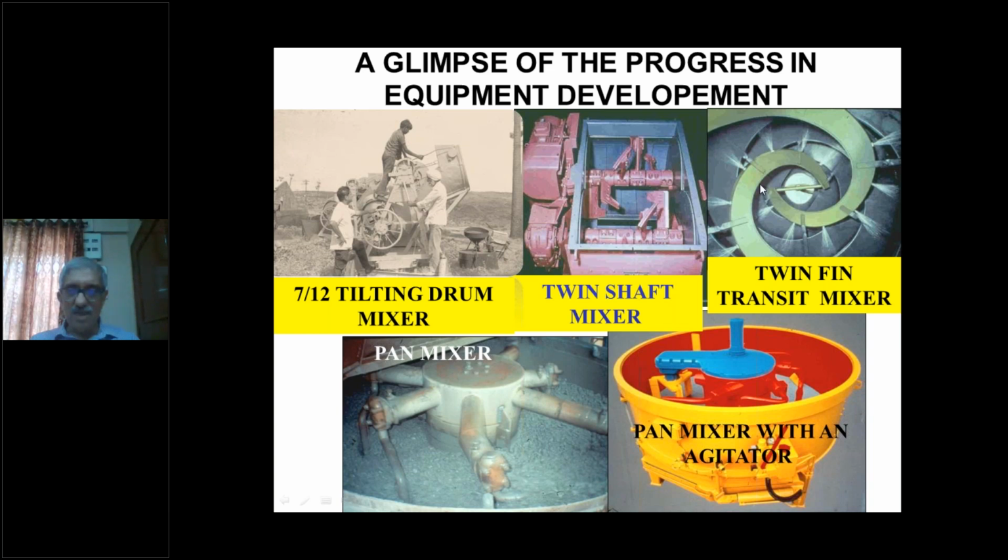But here you can see the twin fin has the arrangement to spray water uniformly in the transit mixer also, because in a batching plant only materials are put in, and the water is added in the transit mixer.